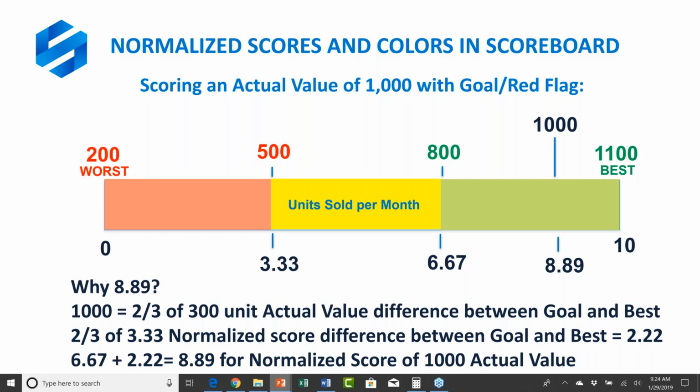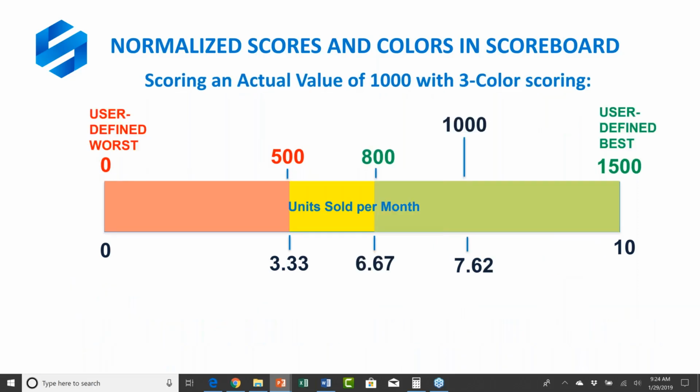Now, if we take that exact same 1,000 actual value and put it into our 3-color scoring system, where we, as you know, the people that set this up, defined our own worst at 0, our own best at 1,500, what does 1,000 get in this? It gets a normalized score of 7.62.